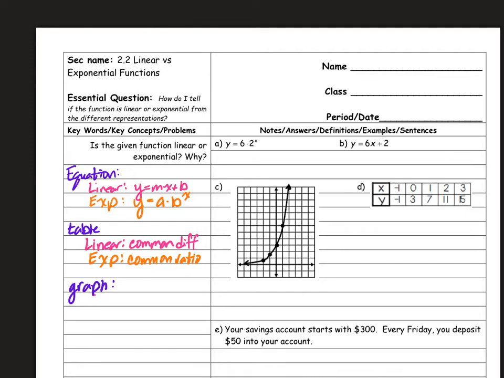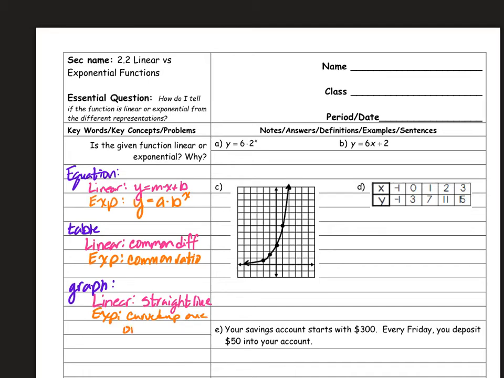Let's talk about linear. What makes a graph linear? Well, it's a what? It's a straight line. Yep, straight line. And if it's exponential, what makes a graph exponential? Well, what makes a graph exponential is if it's curved up on one side, right?